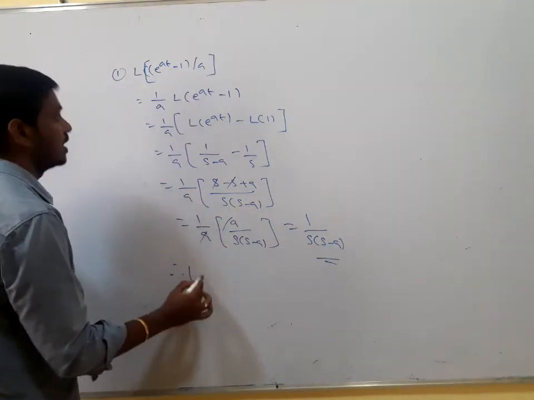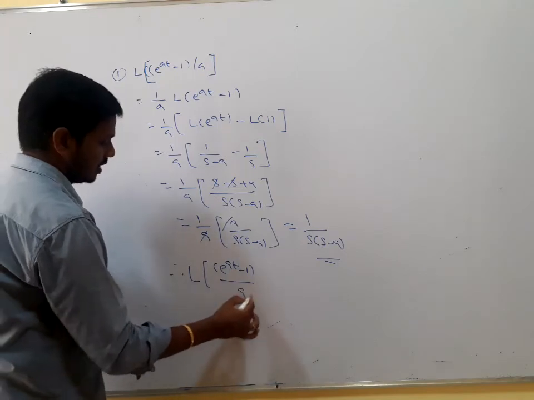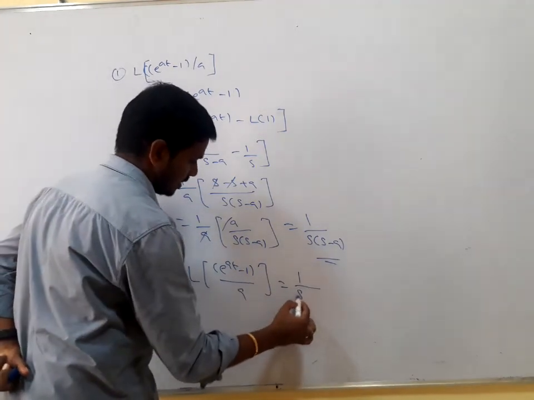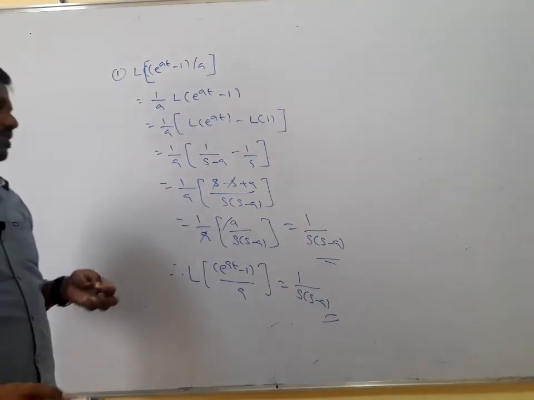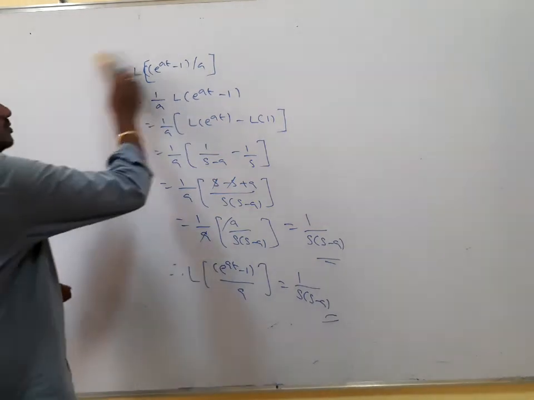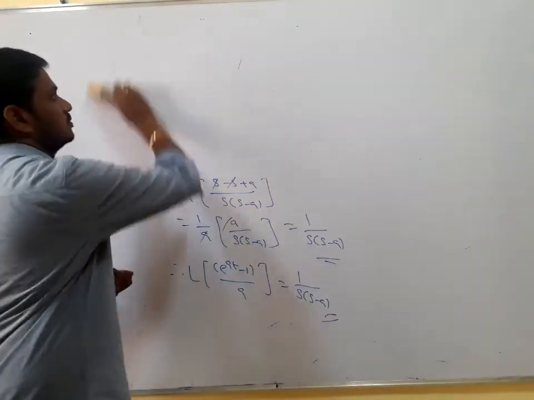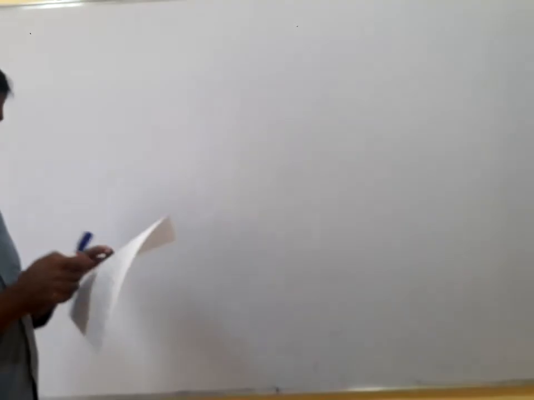Therefore, Laplace transform of (e to the power of at minus 1) divided by a is equal to 1 by s into s minus a. This is the way, right? If you know the formulas, then we can solve the problems easily. Yes, in this way you can solve it.